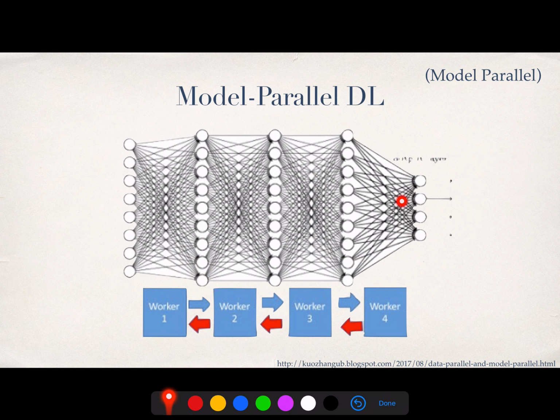If my network is too big to fit onto one device, I just give a bunch of layers to one device and a bunch of other layers to the other device, and then when they compute the forward pass from input to output, they have to talk to each other, so it's very communication intensive. And then when they compute the gradients, they have to again communicate with each other.